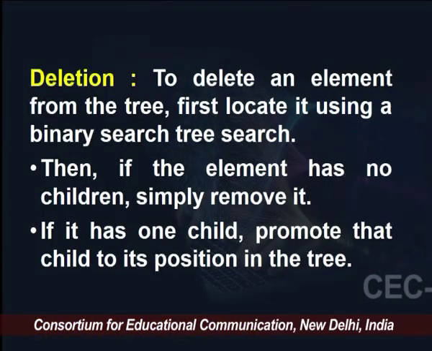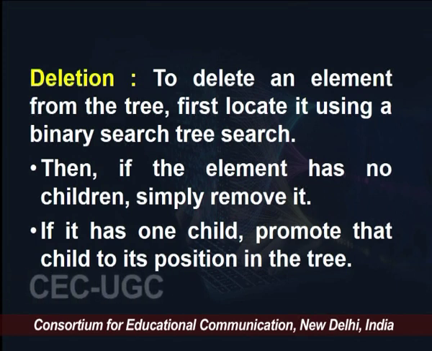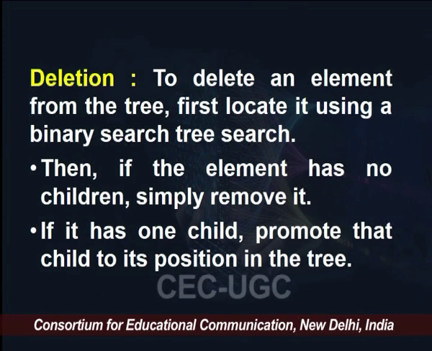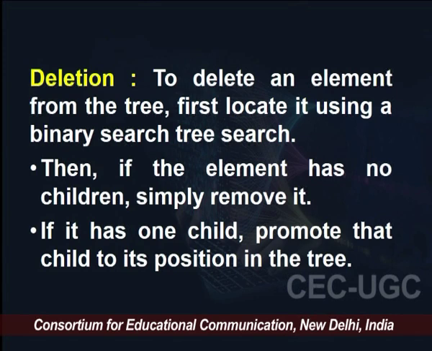When it comes to deletion, to delete an element from the tree, we need to locate it using binary search tree search. If the element has no children, we simply remove it. This is the standard procedure we have seen in binary search trees. If it has one child, promote the child to its position in the tree. The most complicated case is when the node you want to delete has two children.